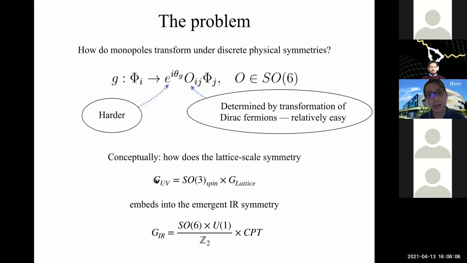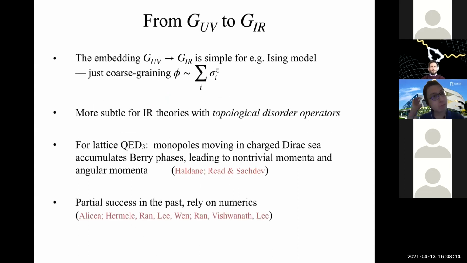So how does this G_UV embed into this G_IR? This symmetry embedding problem is in fact, for any lattice system that gives you an interesting IR field theory, an important problem. Except for simple theories like the Ising model, it's important, but it's also trivial.